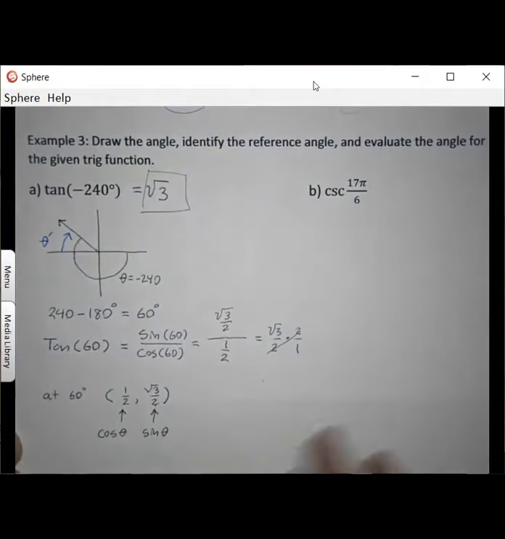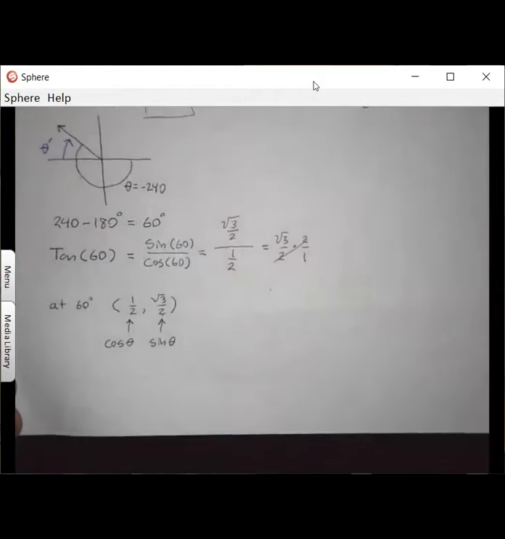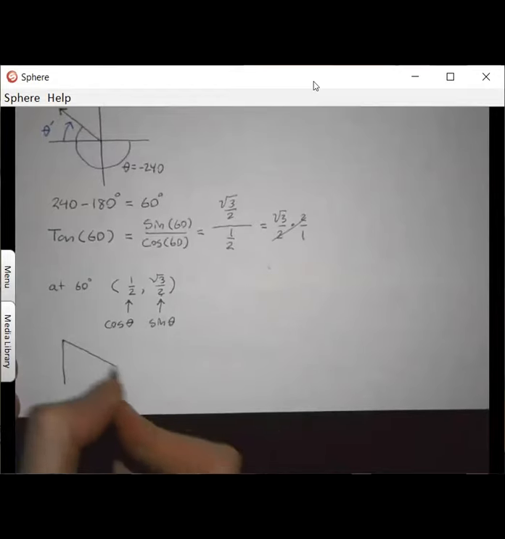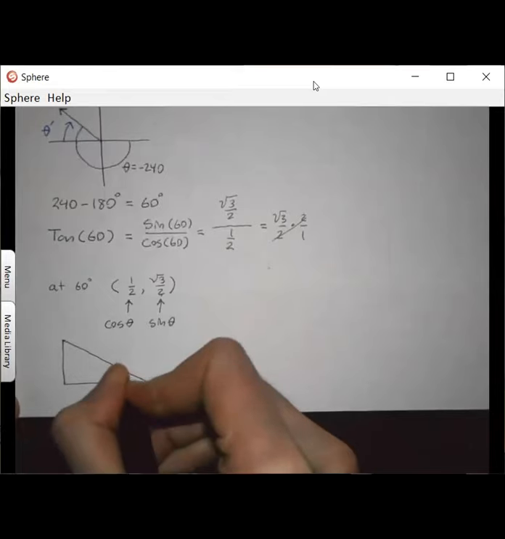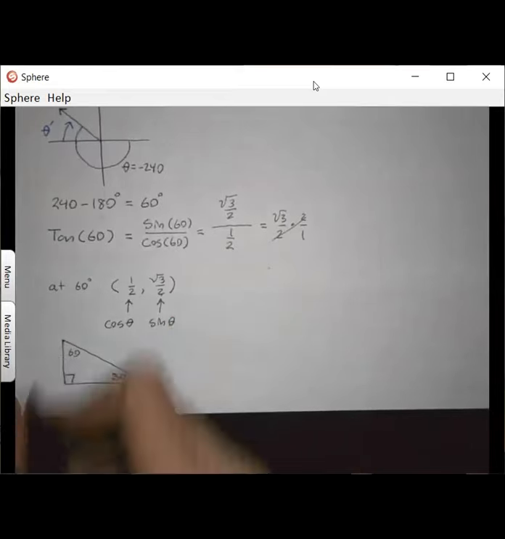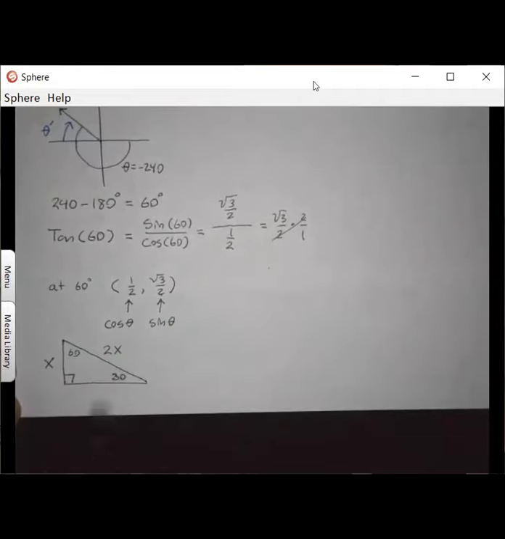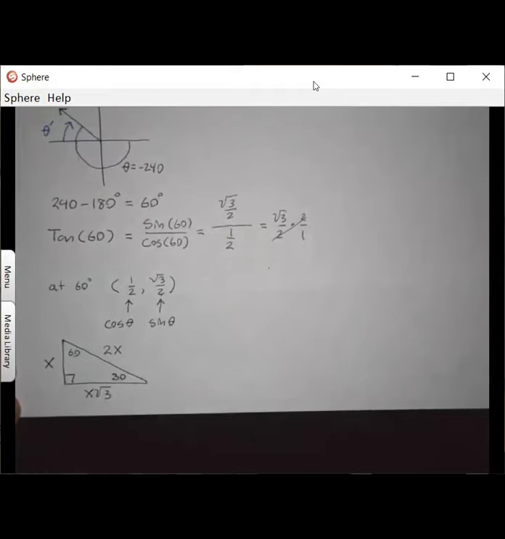Now again, if you're not comfortable with this, you can always go back to your special right triangle. So 30, 60, 90. And you remember the relationship: short side, hypotenuse is twice as long, long leg is short side times root 3.